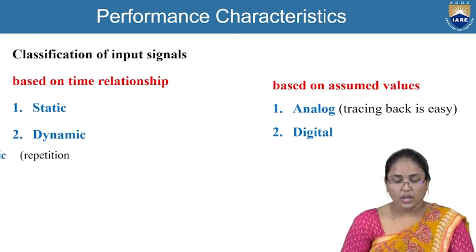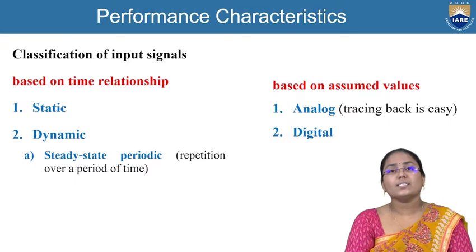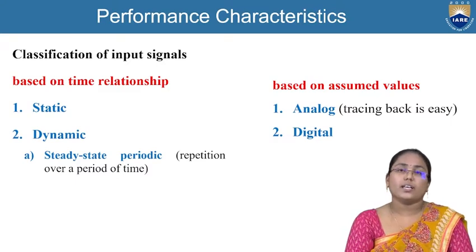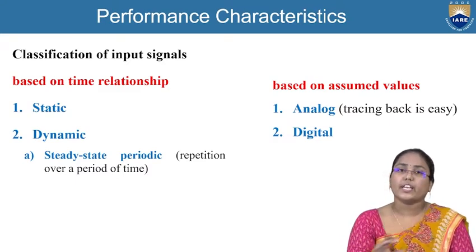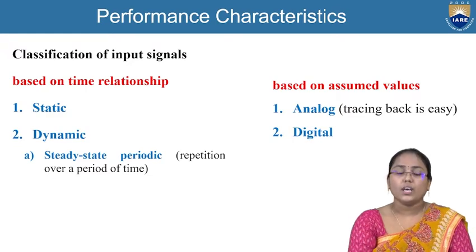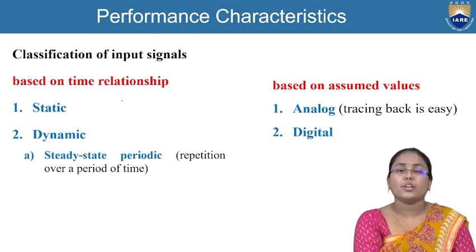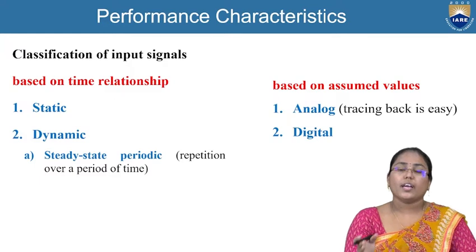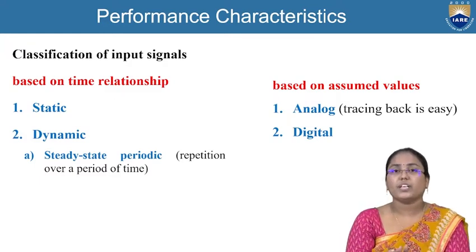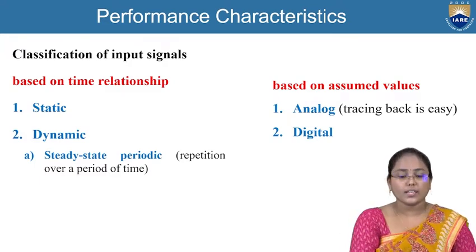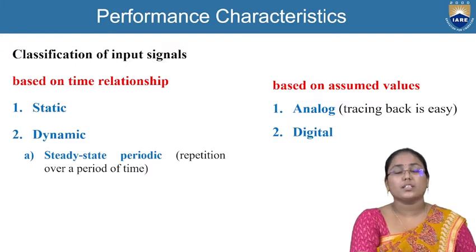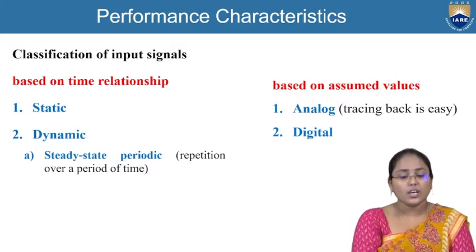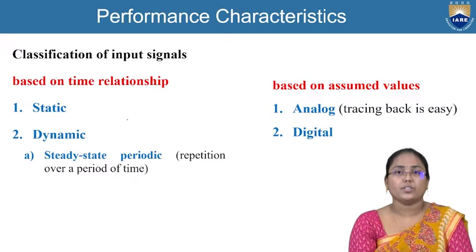In a static signal, even with the variation of time, there won't be any variation in the output of the signal. So the characteristic of a static signal is that it is static in nature with respect to time.